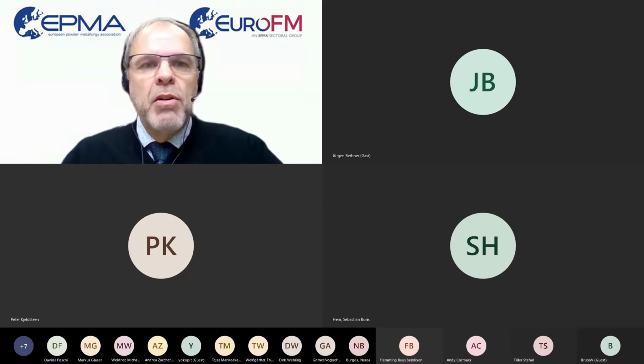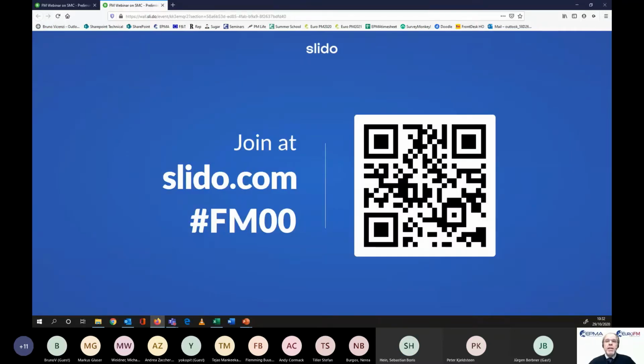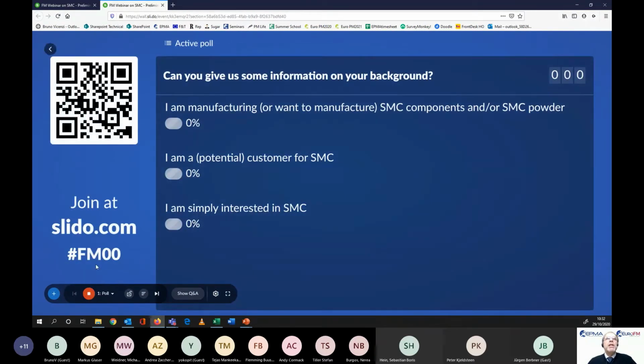So you can probably see now on the screen how to join Slido. Again, slido.com, and please enter the code FM00. After doing that, you will be able to see the questions that you see now on the screen here in the meeting.